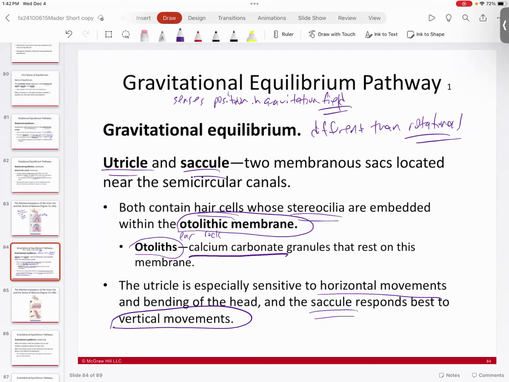The reason why you lose your equilibrium, why you get dizzy, is because instead of having a smooth progression moving to the side or up and down, you're spinning all over the place. And when you stop, all those otoliths are kind of swirling around, and you're like, wait a minute, am I up? Am I down? Am I up, down, forward, backwards? You don't know where you are for a little bit, and you're like, whoa, okay, I need to let my otoliths settle down, and then I'll be fine.